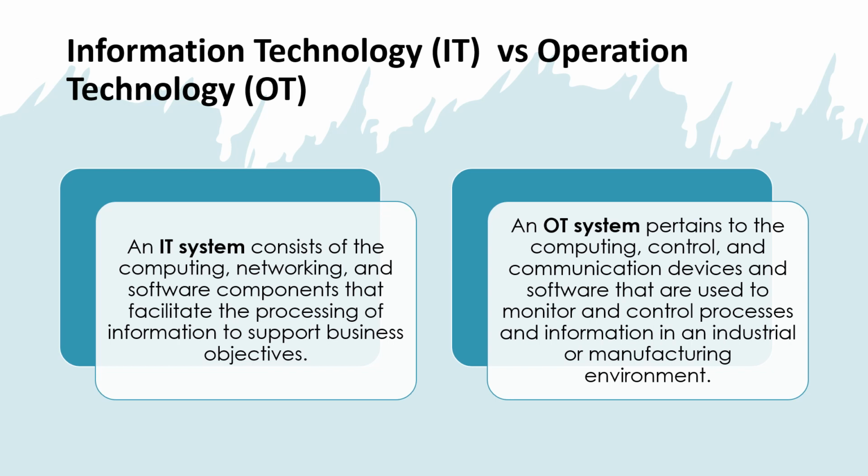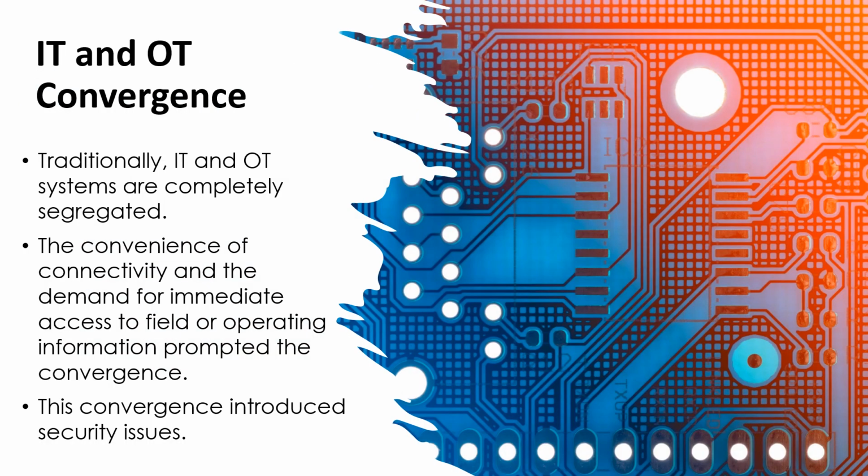One can view the IT system as a support for the business activities of the enterprise, while the OT system provides support for the operating processes. Traditionally, IT and OT systems are completely segregated.